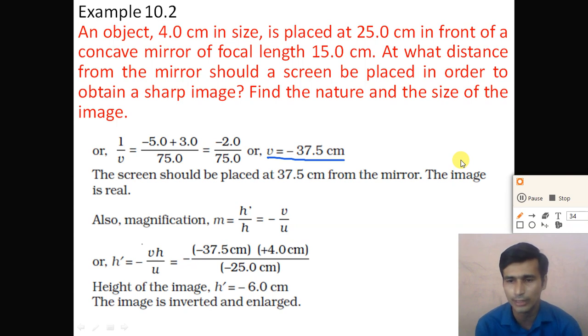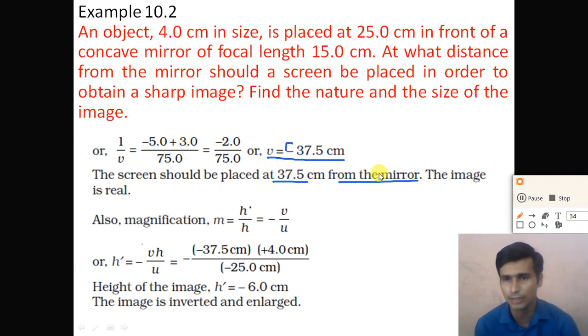So what does minus indicate? The minus indicates that the image will be obtained in front of the mirror. So the screen should be placed at 37.5 centimeter from the mirror on the left side of the mirror. This minus also indicates that the image will be real and inverted.